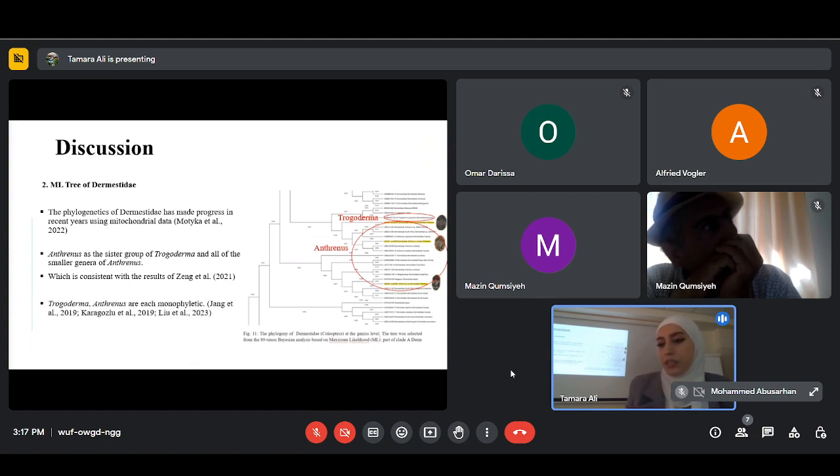The phylogenetic analysis found that Trogoderma and Anthrenus are each monophyletic. So our results agree with the previous study.